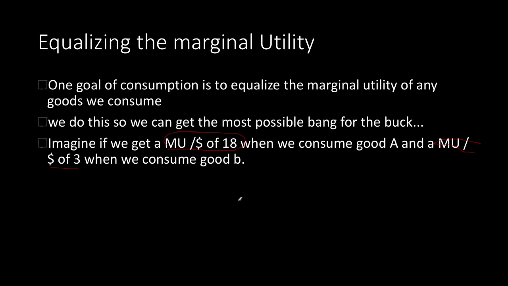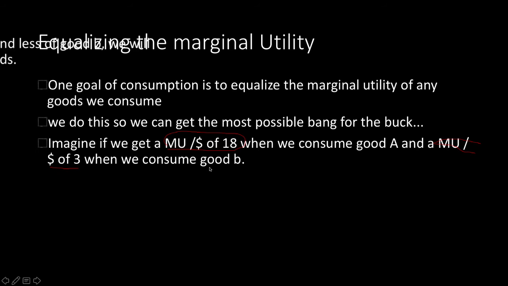We want to try to bring these two marginal utilities per dollar to be equal to one another. So I want to decrease the marginal utility per dollar of good A while increasing the marginal utility per dollar of good B. And this is where it's important to remember that law of diminishing marginal utility. The more of something I consume, the less utility it's going to give me.